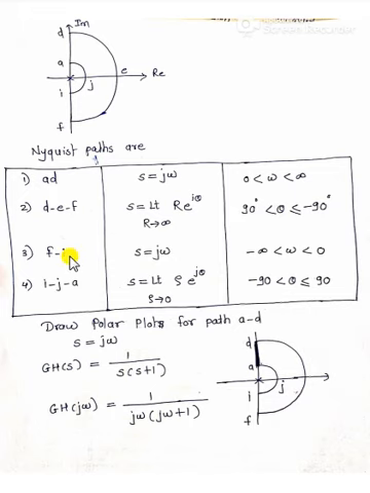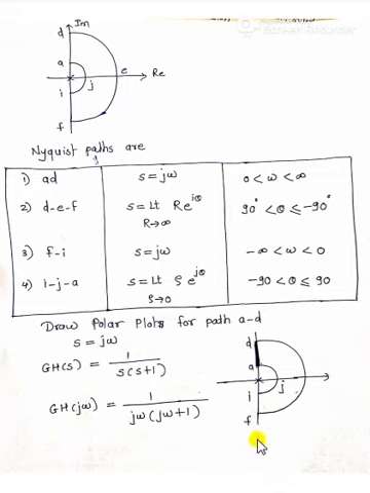Then the next path is F to I. Now here the third path is F to I. F to I is again lying on the imaginary axis, so the S value is j omega, and now omega varies from minus infinity to 0. Why?